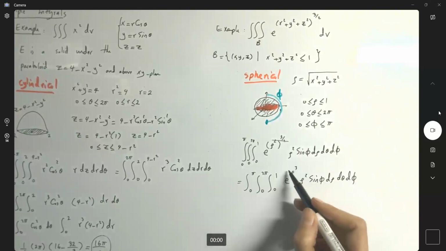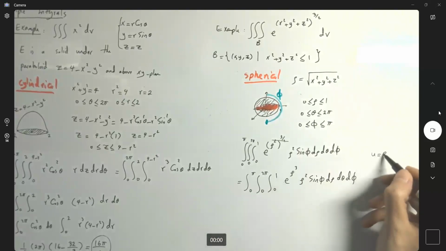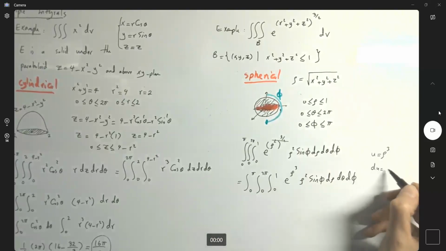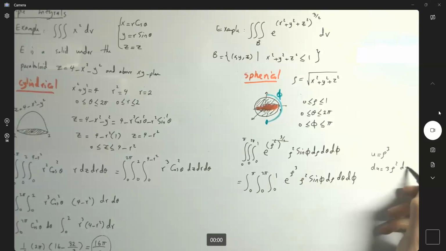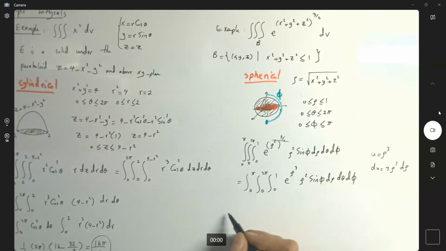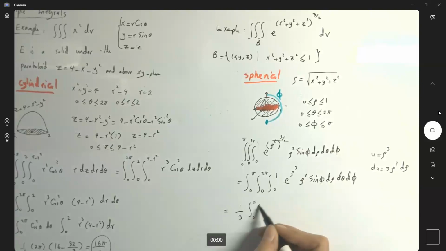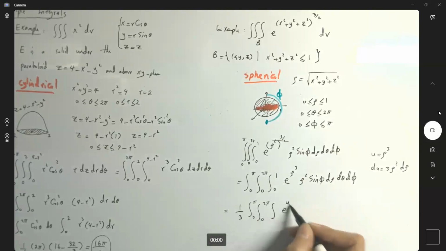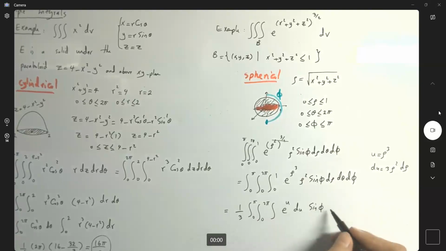Here I'm going to use u-substitution. u is equal to rho cubed, du is 3 rho squared d rho. So this guy becomes a third, integral 0 to pi, integral 0 to 2 pi, and the integral of e to the u du, sine phi, and then here we have d theta d phi.